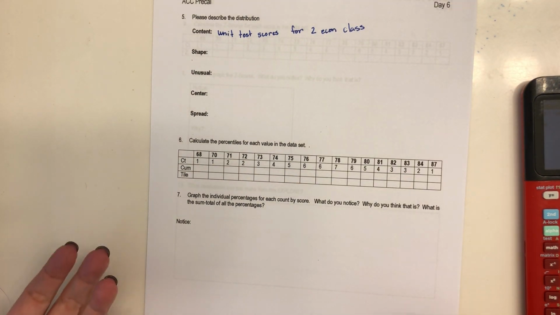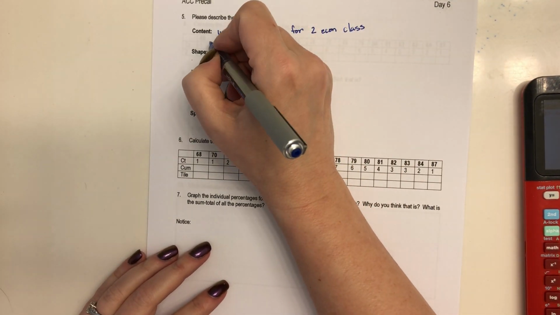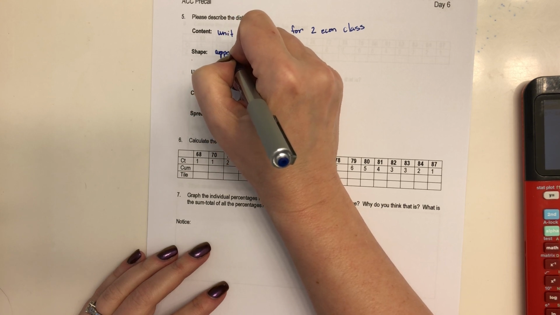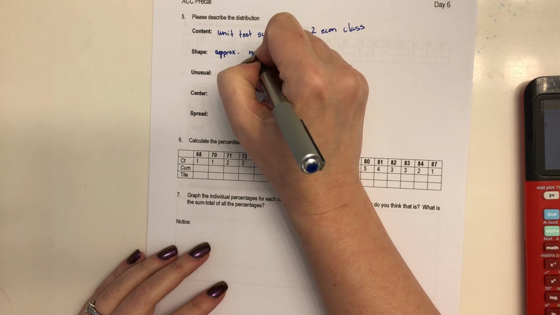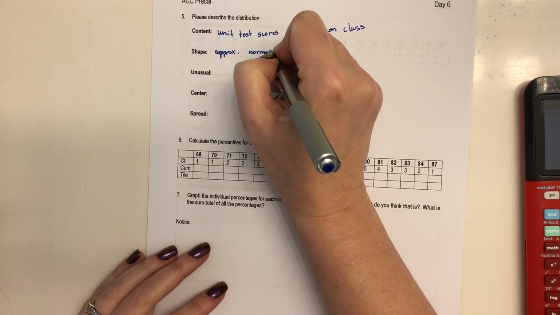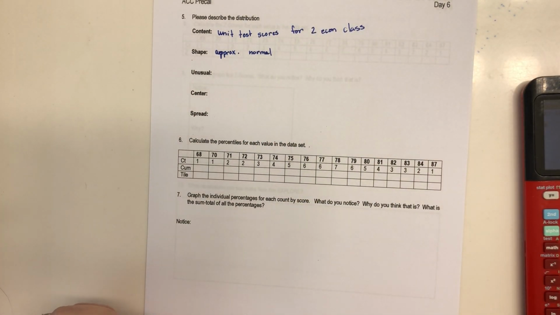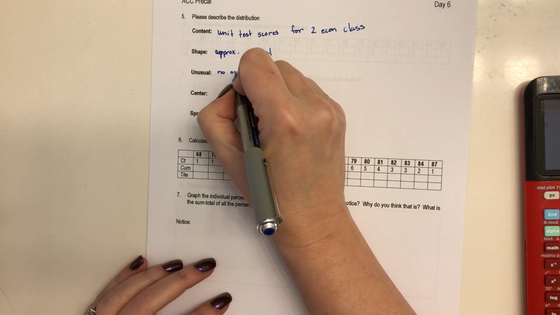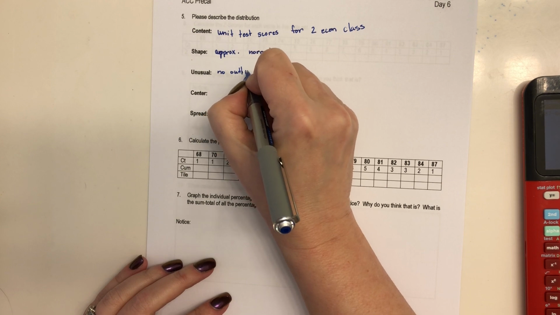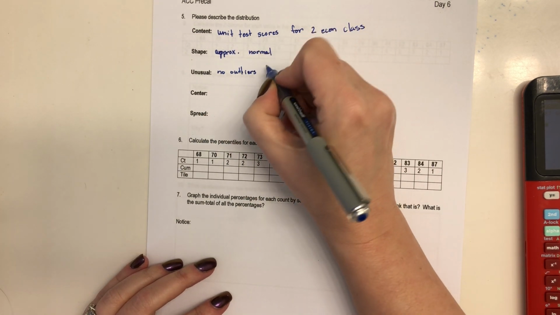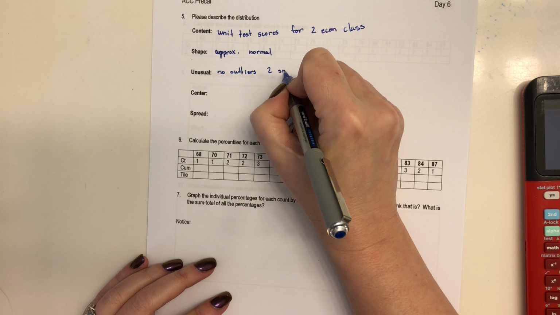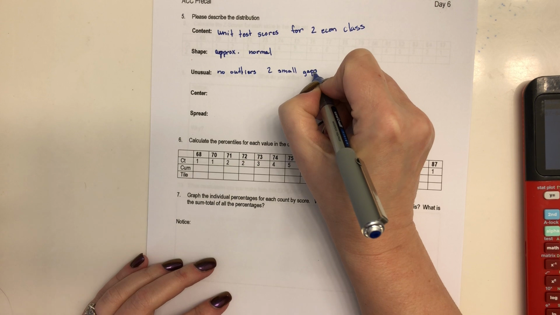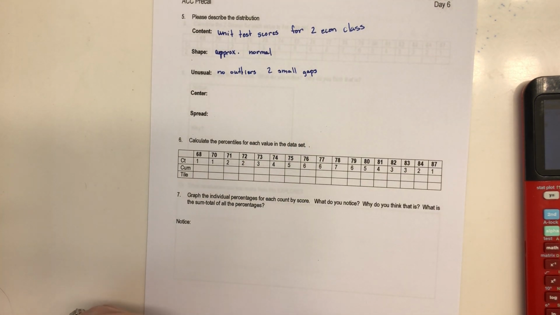Shape, I'm going to say this is approximately symmetric or approximately normal. Remember our normal plot? It looked really good. Unusual, there are no outliers. There were 2 small gaps at the bottom and the top of the range of the data, so at the 2 ends.